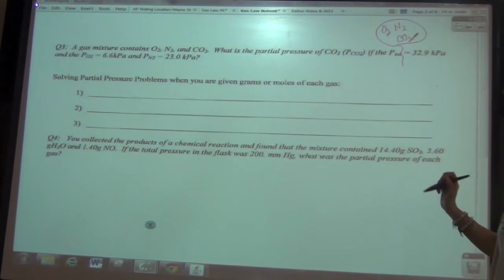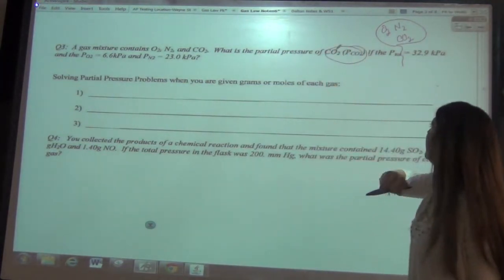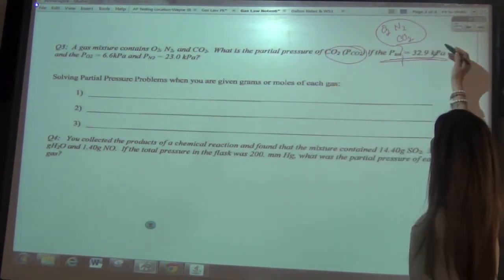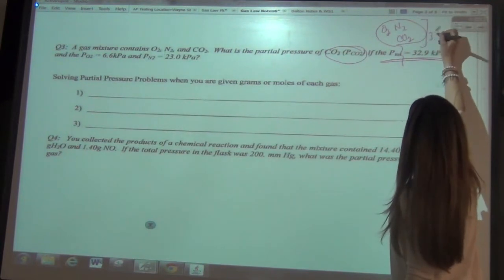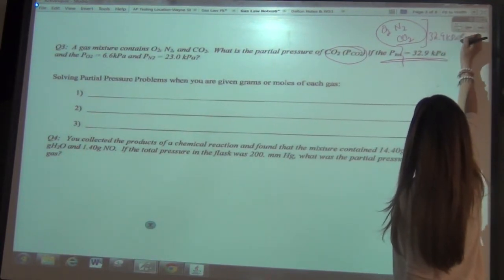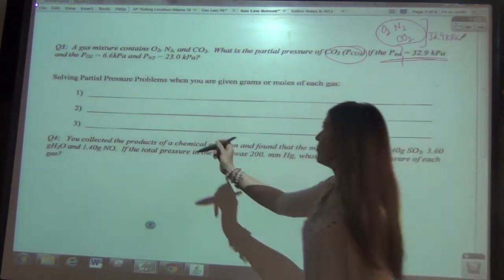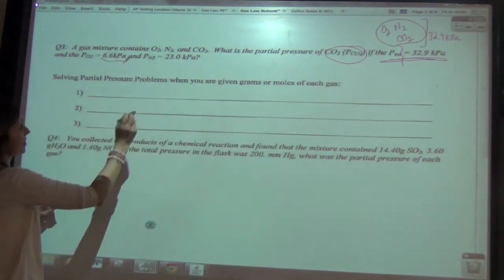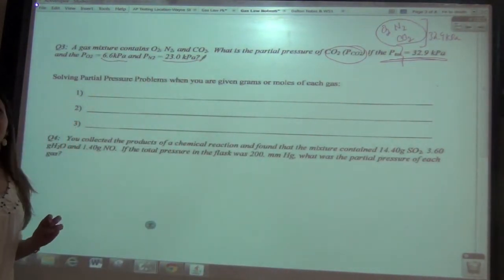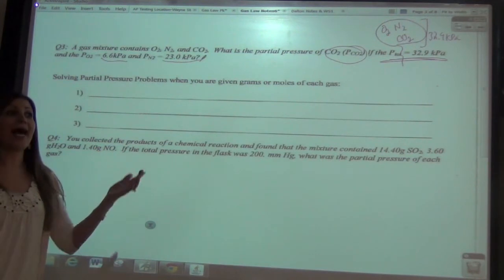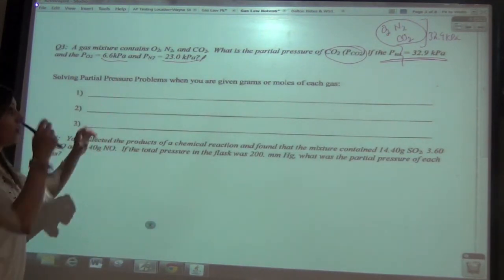And it says, what's the partial pressure of the CO2 if the total is 32.9? That means that all of this is 32.9 kPa. And then they give you the PO2 is 6.6 and the N2 is 23. Guess what you do? Add and subtract from the total. Perfect.